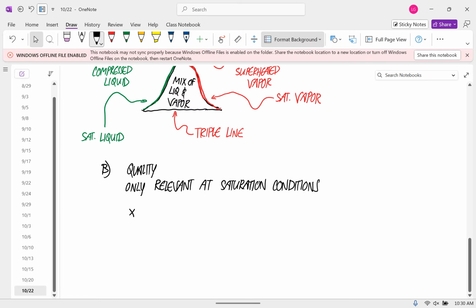We represent the quality with the variable x and define it as the mass that's vapor divided by the total mass, or the mass that's vapor plus the mass that's liquid.